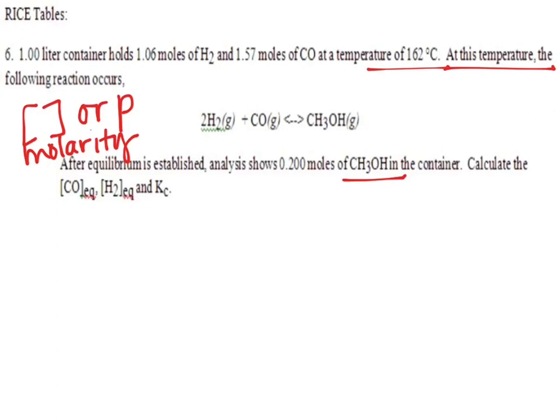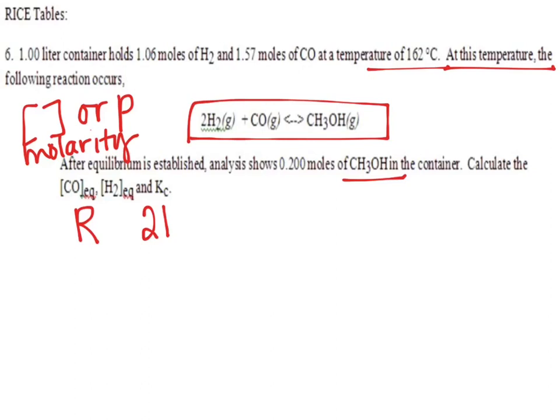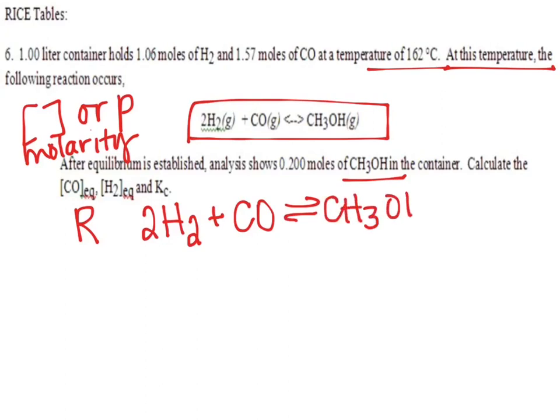So what ICE stands for: R. Every time I do one of these, this is exactly how I write it. I put R, and R is my reaction, so that is this right here. I just rewrite that: 2H2 plus CO goes to CH3OH.